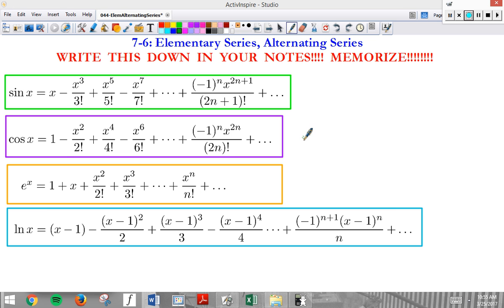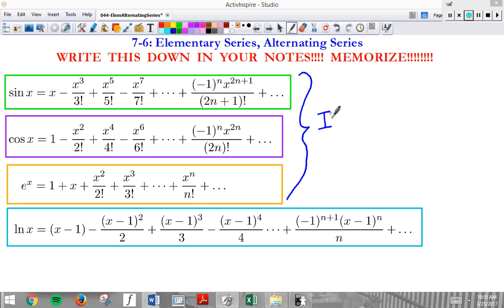Now, this series, natural log, is the only one with a specific interval of convergence. These three converge for all numbers. We talked about interval of convergence back in 7-3.